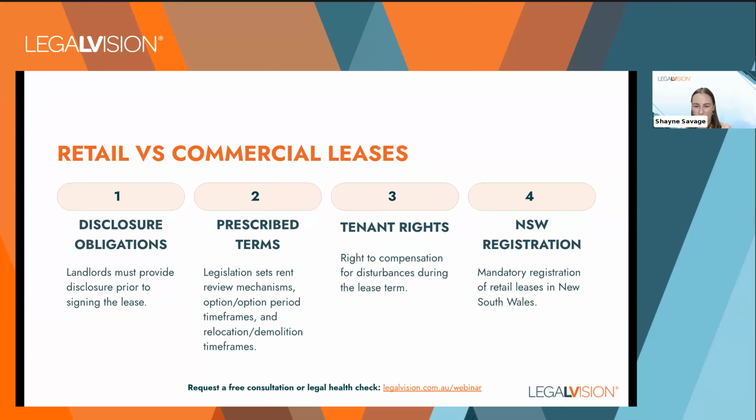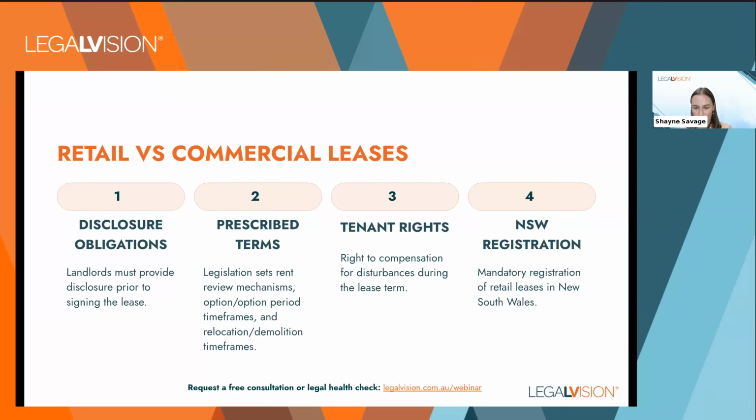This ensures that there is certainty and it is clear what a tenant can expect each year when their rent is reviewed. Whereas with commercial leases, it's more common to see the higher of two options if that's what the market is calling for.